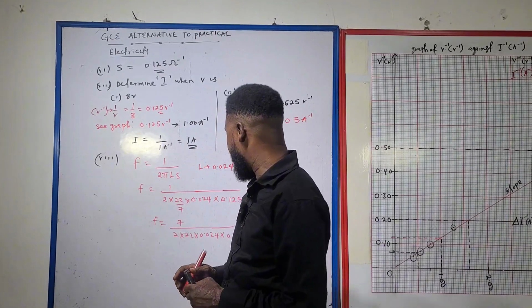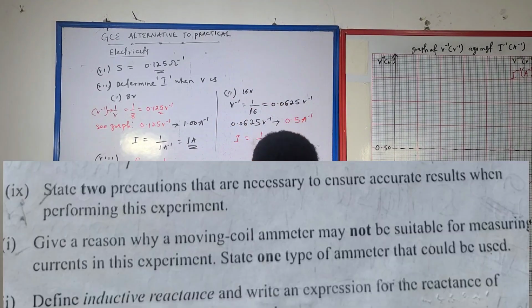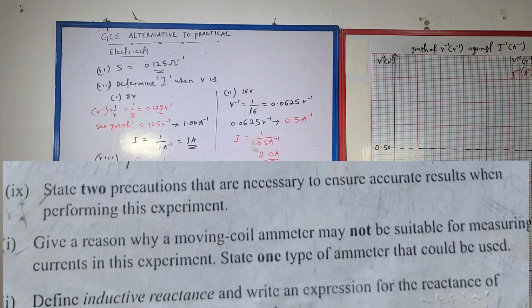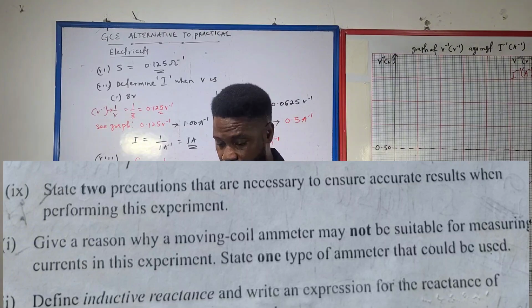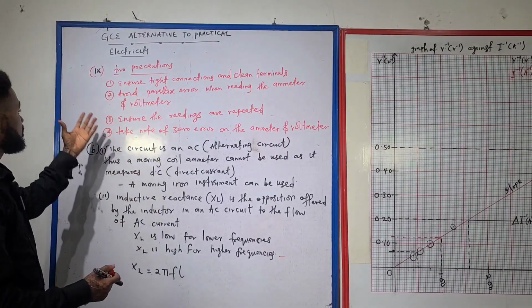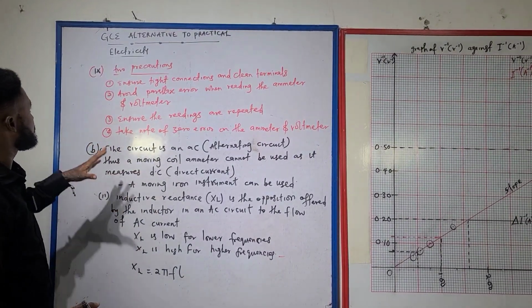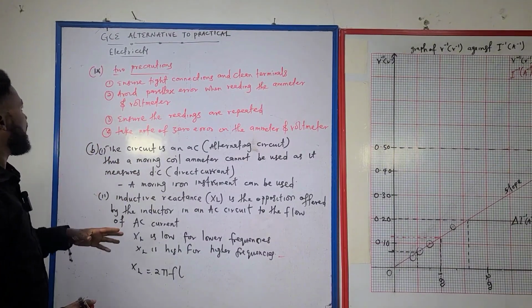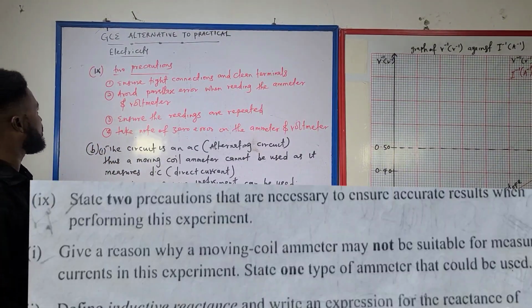On question 9, we were told to talk about the precautions we are going to take to get accurate results from this experiment. So we're looking at IX.